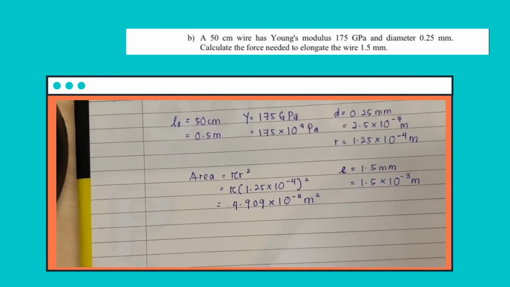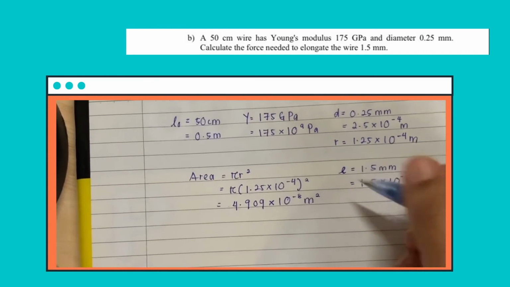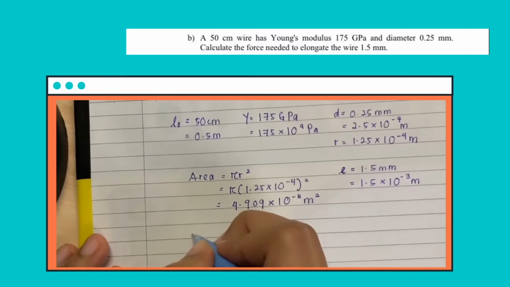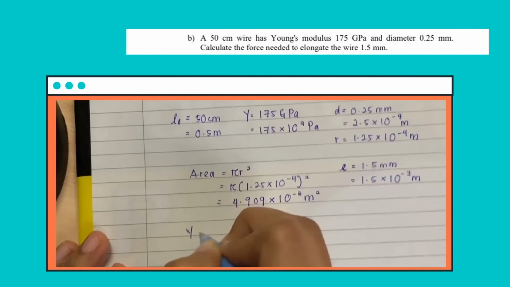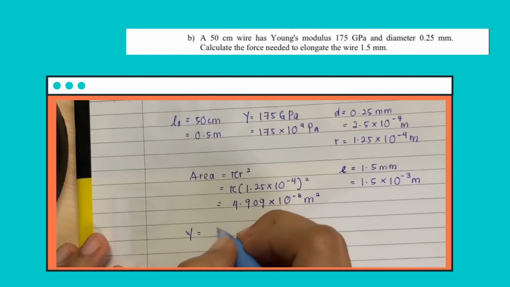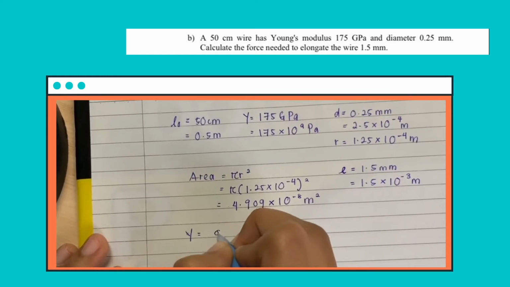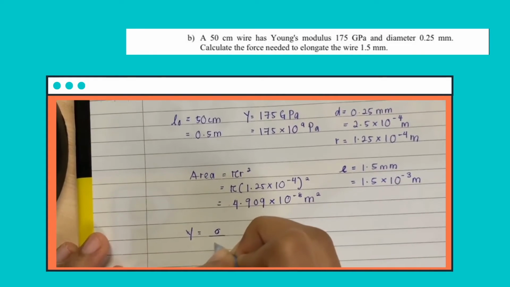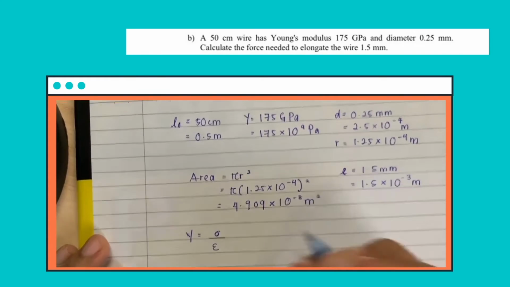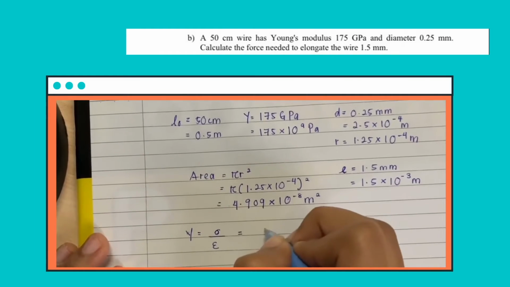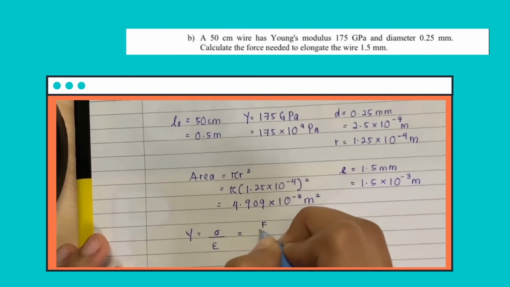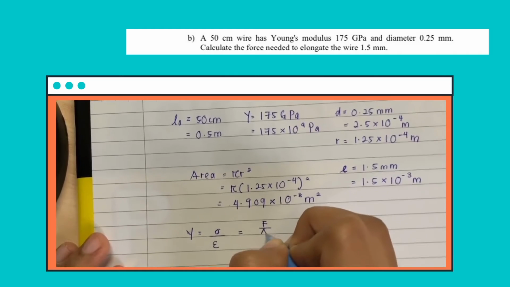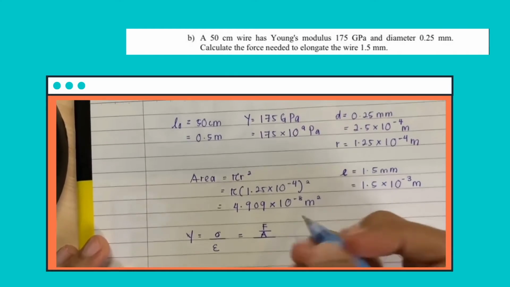So dia nak force, dia bagi Young modulus. So kita boleh pakai formula Young modulus terus lah. Young modulus equal to tensile stress over dengan tensile strain, sama dengan tensile stress adalah F over A, force over area.